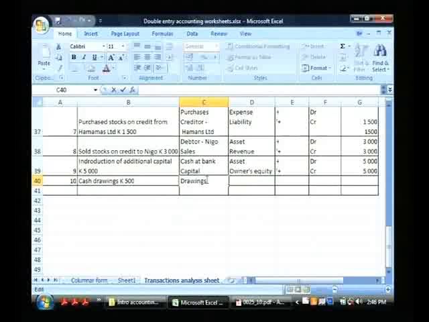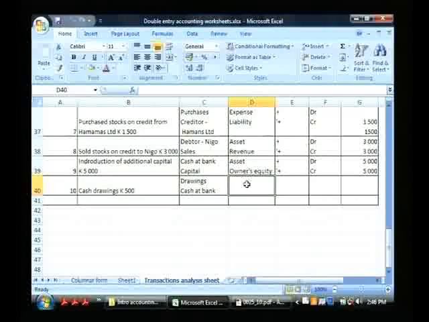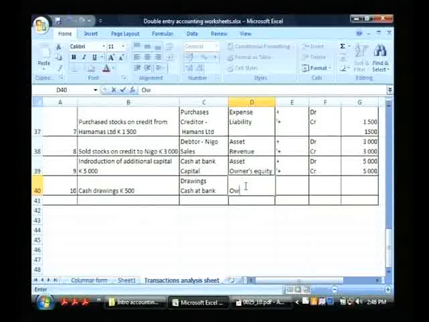The accounts involved are drawings and cash at bank. Drawings is an owner's equity account, and cash at bank is an asset account.